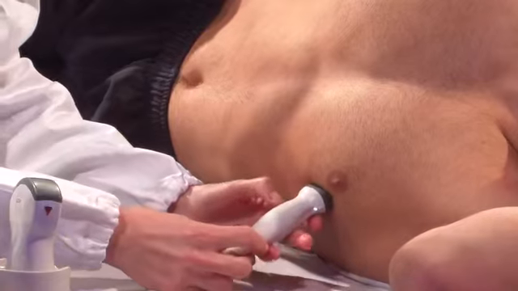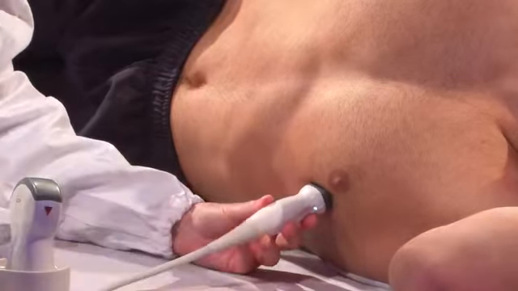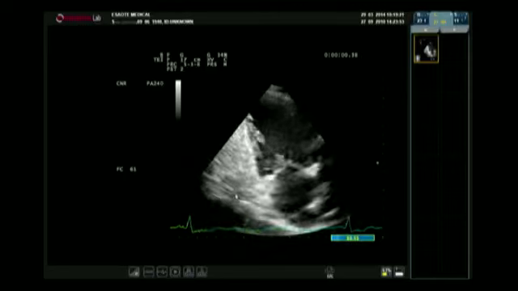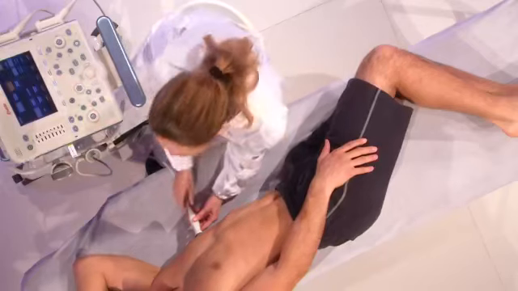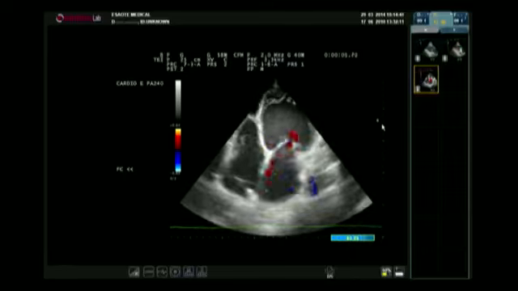It's also important to check on the two-chamber view, again, to assess whether you have some left ventricular wall motion abnormalities. Then, from apical four-chamber view, you can reassess both mitral and aortic valve.